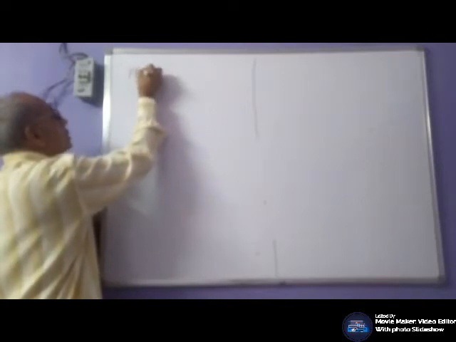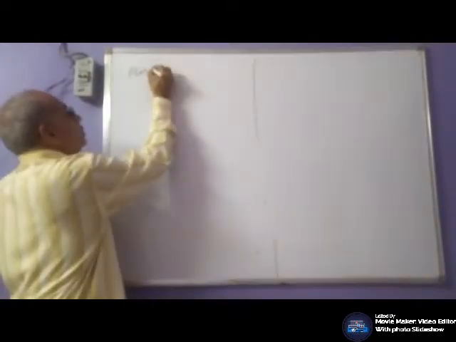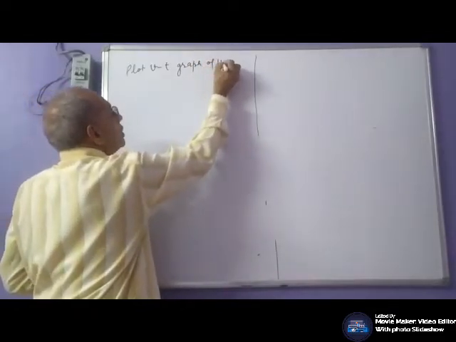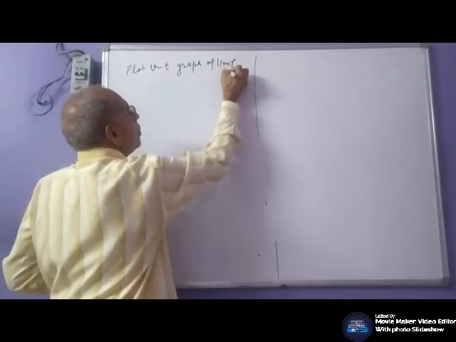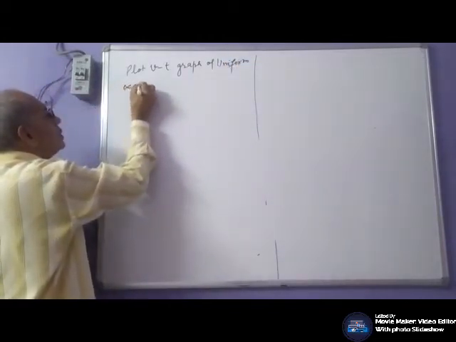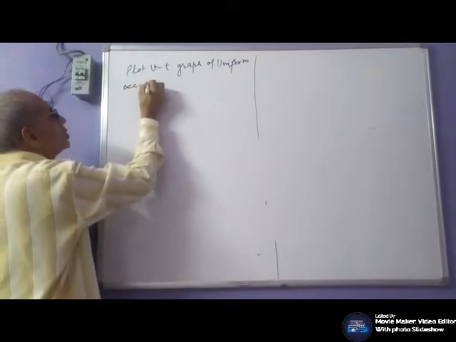Plot the VT graph of uniform accelerated motion.